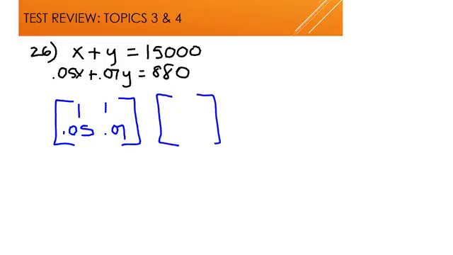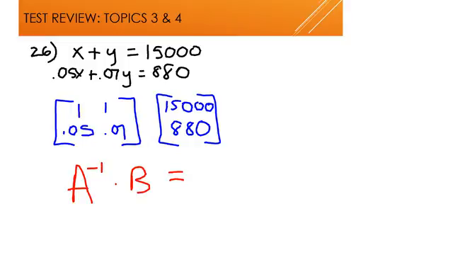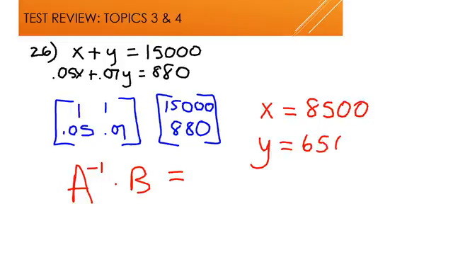And the second matrix would be 15,000 and 880. And if I put that in the calculator, I will get X equals 8,500 and Y equals 6,500. And that is my answer. Okay, next problem.